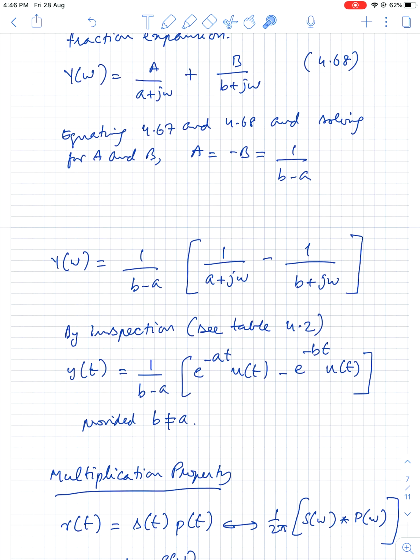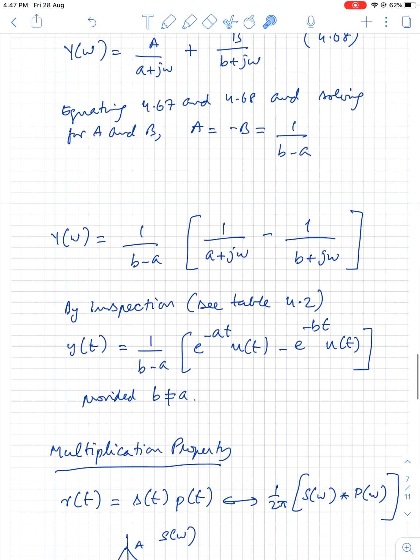Now if you have the Fourier transform like this, by looking at the table of inverse Fourier transforms, or by inspection, you can see this has the inverse Fourier transform e raised to minus at u(t), and this has an inverse Fourier transform e raised to minus bt u(t), provided b is not equal to a. So this becomes my y of t.